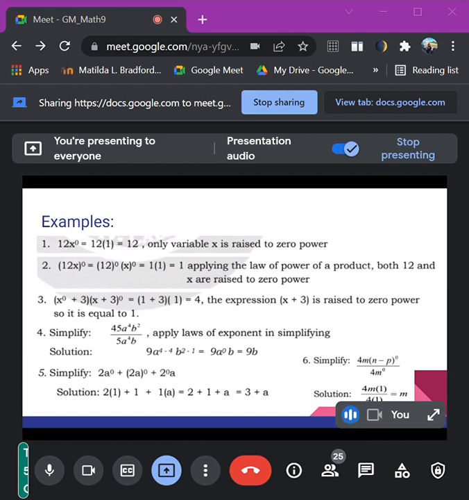Down to our last example, simplify 4m quantity n minus p raised to 0 and then 4m raised to 0. Simplify it, same as what we did earlier. So 4m, and this one is equivalent to 1.